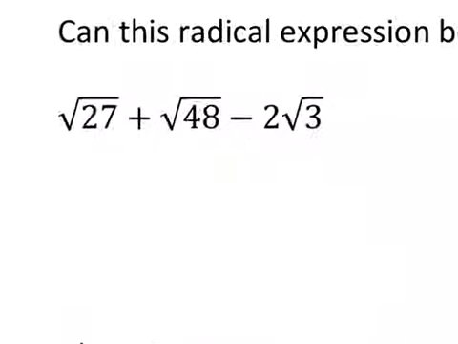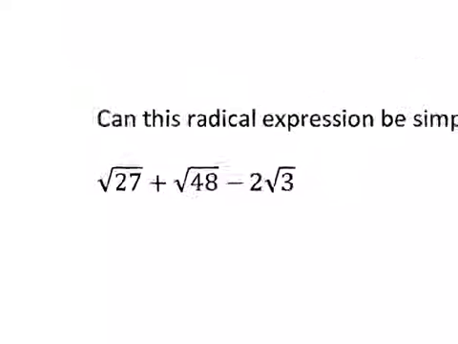Because when you look at this problem initially, you'll recognize right away we don't have the same radicands on any of these. However, you might also recognize that these two components aren't fully simplified. So before you make any decisions about can we add things together or not, you have to decide first, are the different pieces fully simplified?